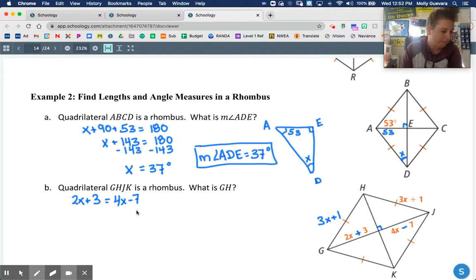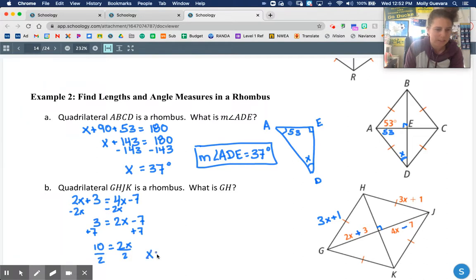Okay, so I'm going to solve. Minus 2x, minus 2x. 3 equals 2x minus 7. Add 7, add 7. 10 equals 2x. Divide by 2, divide by 2. X equals 5. That's great.